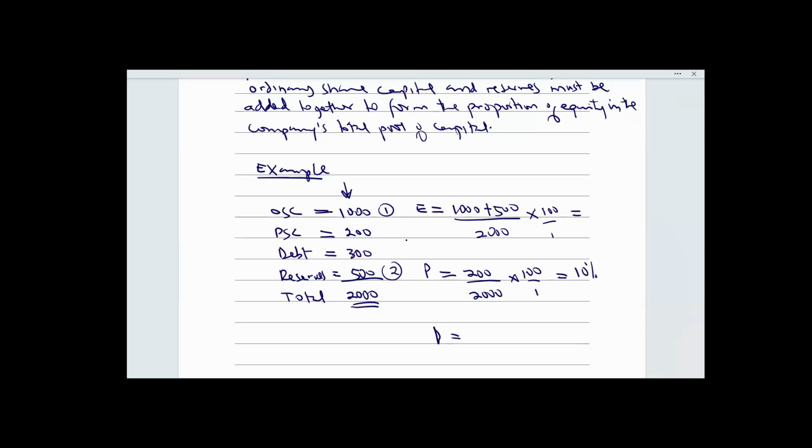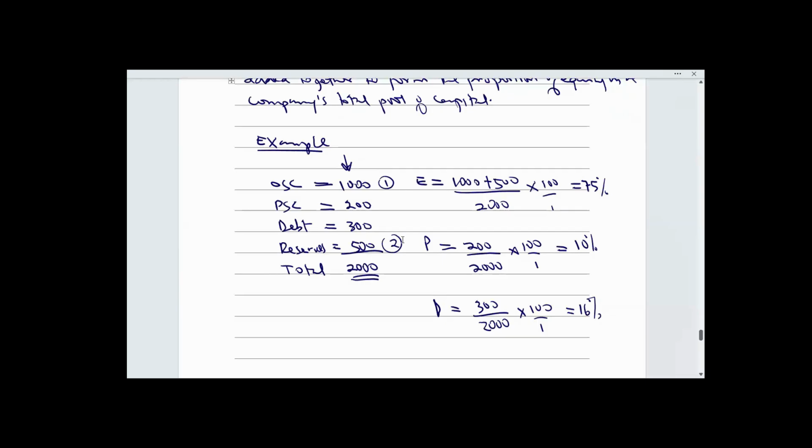The proportion of the debts will be equal to 300 over 2,000 multiplied by 100 over 1. So this should give us like 16%. So that means this one must be 74% or whatever, 74 or 75. I don't know, I'm not using a calculator. All right. So that will give us the proportion of equity, preference, and debt.